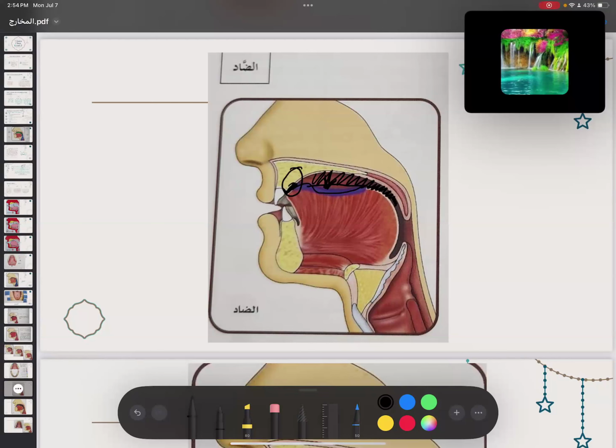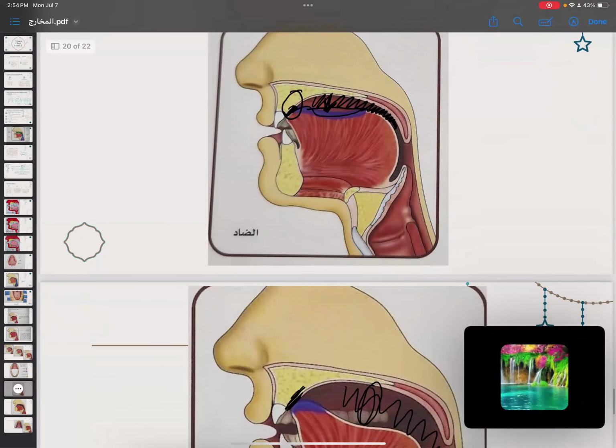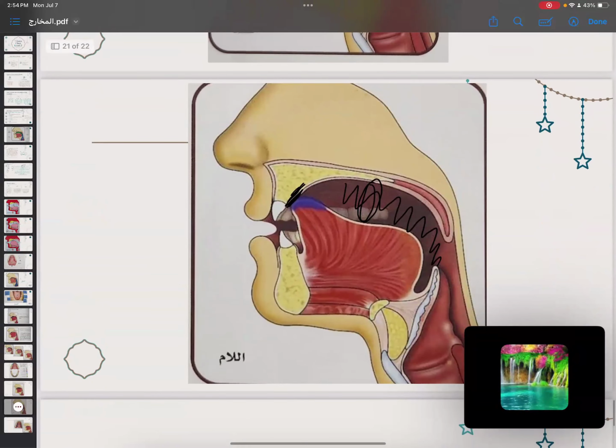Almost like the back of the tongue, أقصى اللسان, is almost going to touch the back of the mouth, but it doesn't. There's still a jawf, still an area between. If you look at the letter lam, this jawf is very big, there's a lot of space. Your tongue is almost like a cup shape, rounded.